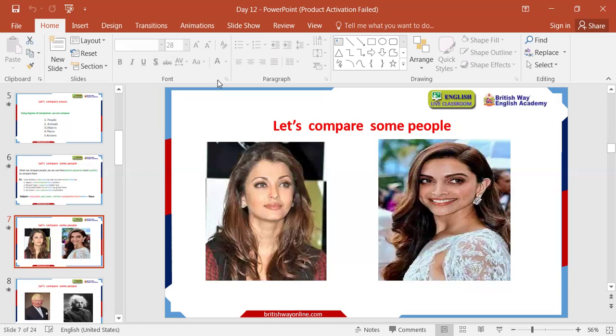Yeah, keep on telling. Deepika Padukone's smile is better than Aishwarya Rai's smile. Deepika Padukone is luckier than Aishwarya Rai.